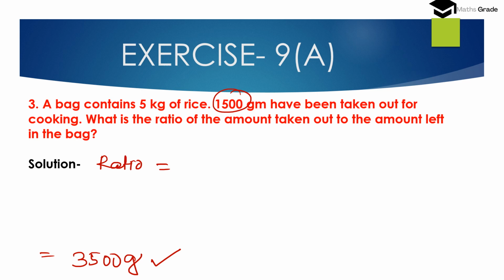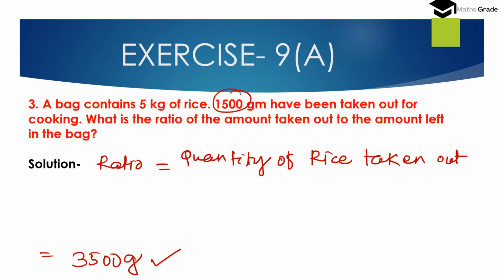Now we have to find out the ratio of the amount taken out. Quantity of rice taken out for cooking divided by quantity of rice left in the bag.